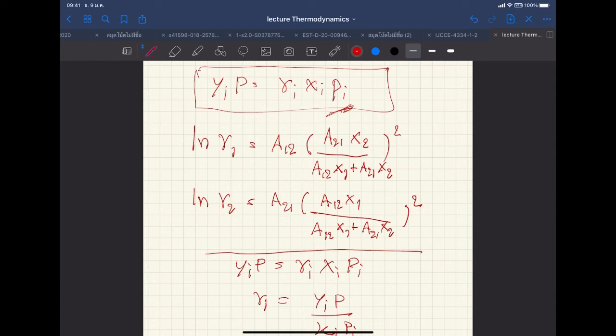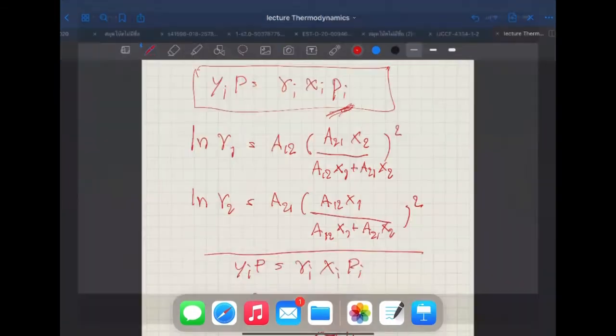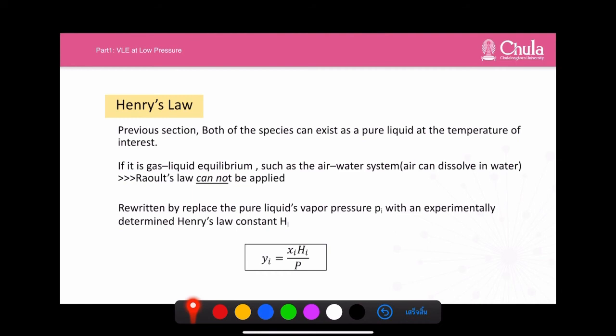So to solve this problem, it's very simple. Instead of Pi or saturated vapor pressure, we use a constant, and we call it the Henry constant to represent this term. Okay, so it is like this: yi p equals xi Hi. Well, you see that we neglect gamma i here. Why do we neglect gamma i?